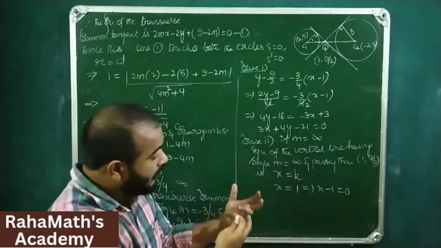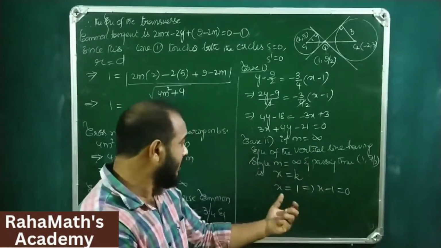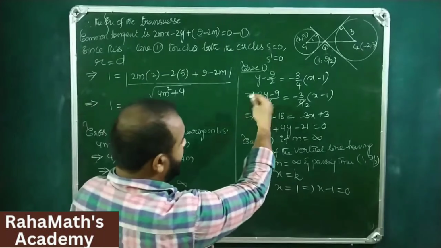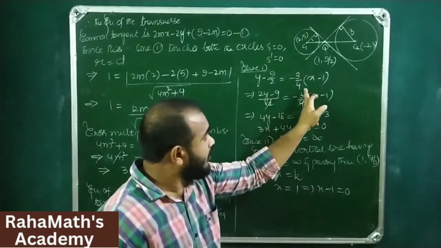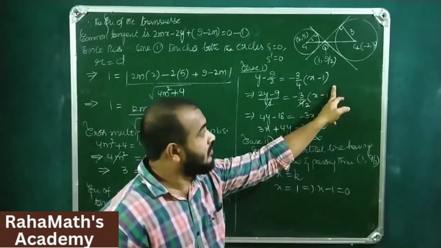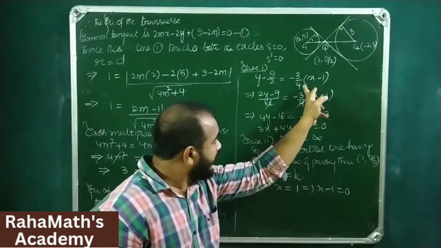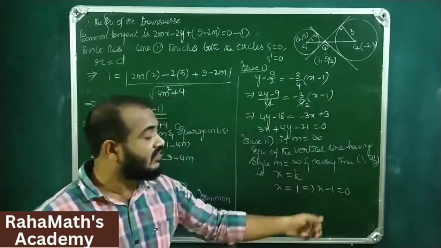If we are struggling with what this vertical line is, then you may take y minus 9 by 2 equals minus 3 by 4, infinity means 1 by 0, right, into x minus 1. 1 by 0, you cross multiply: 0 into something is 0, 1 into x minus 1, therefore x equals 1.